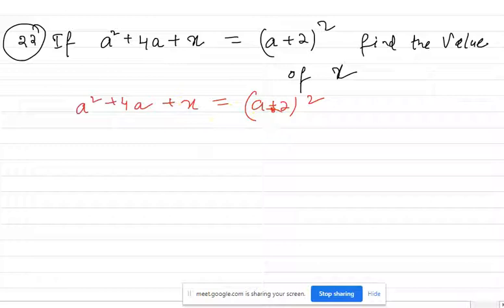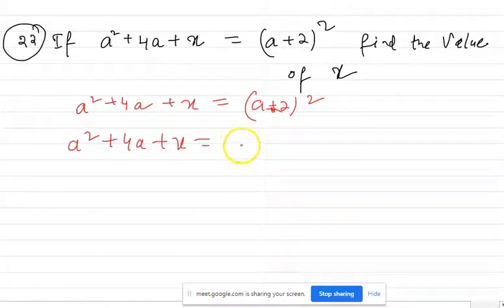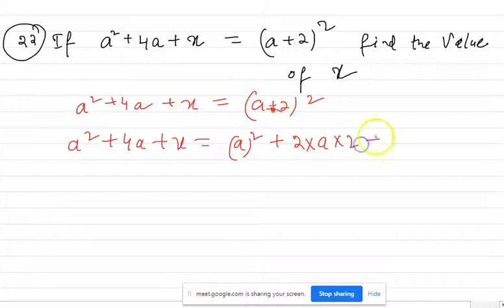So we can write here a square plus 4a plus x. What is the formula for a plus b whole square? a square plus 2ab plus b square. Writing the formula, it will be a square plus 2a, this is b, plus b square.